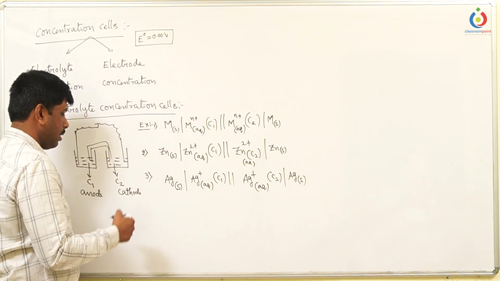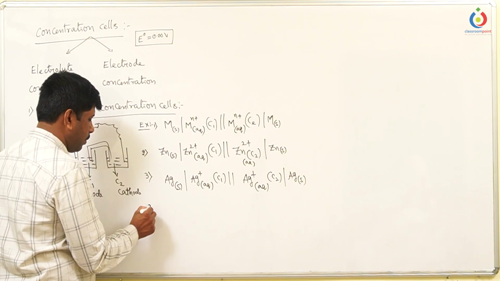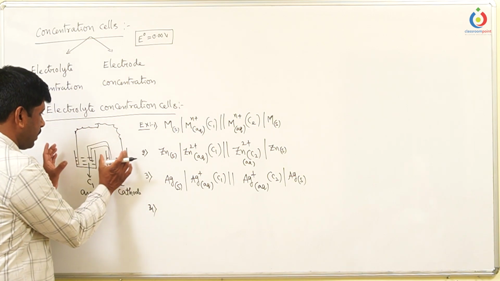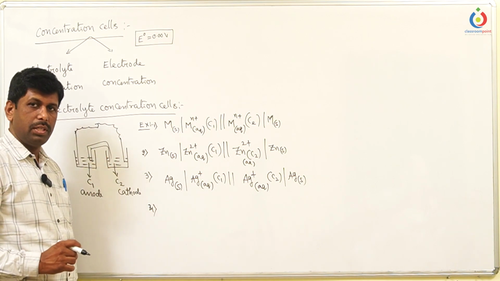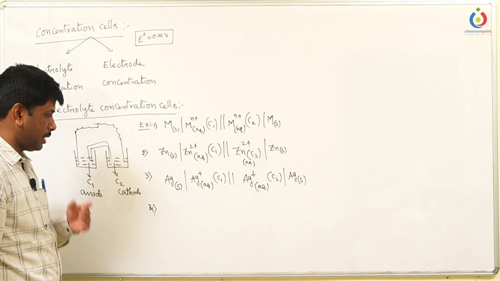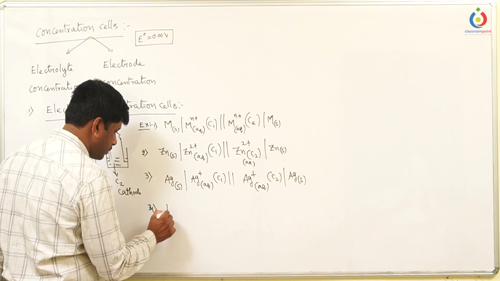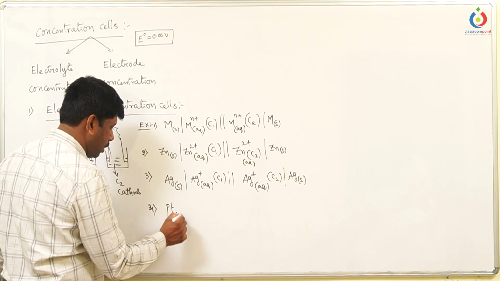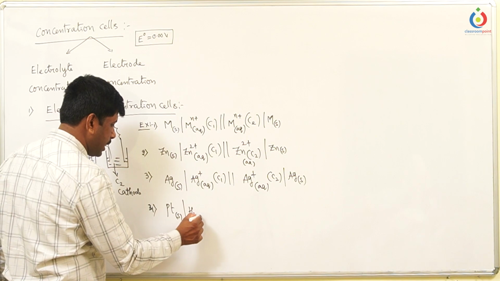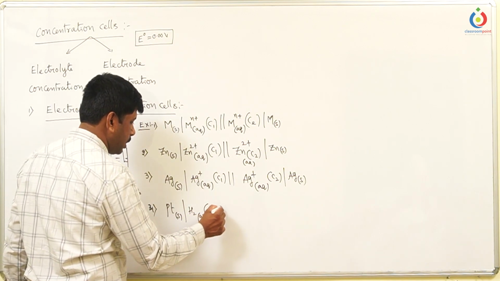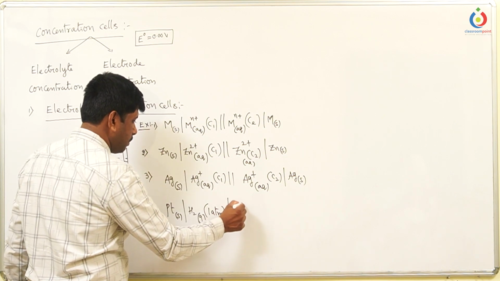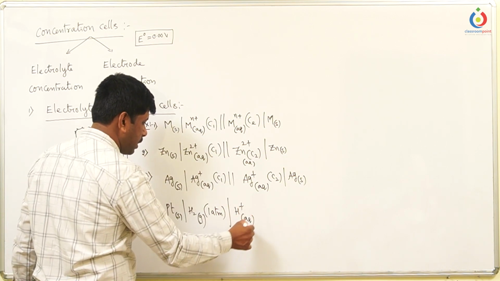A similar one you can apply to the hydrogen electrode also. If you take two different hydrogen electrodes having different concentrations of HCl but the same electrode, then in such cases platinum solid on which hydrogen gas is adsorbed. This adsorbed hydrogen gas is at 1 atmospheric pressure. H plus ion is in aqueous form.